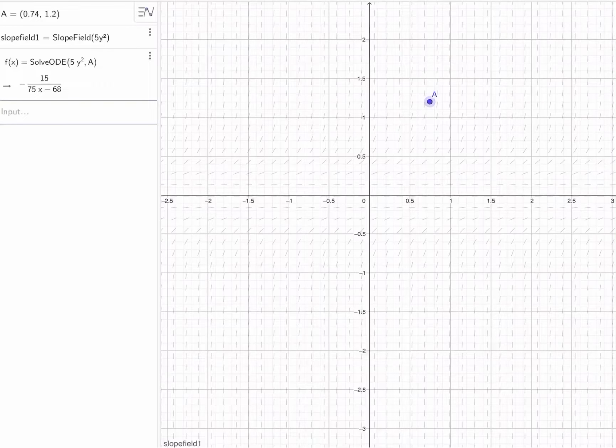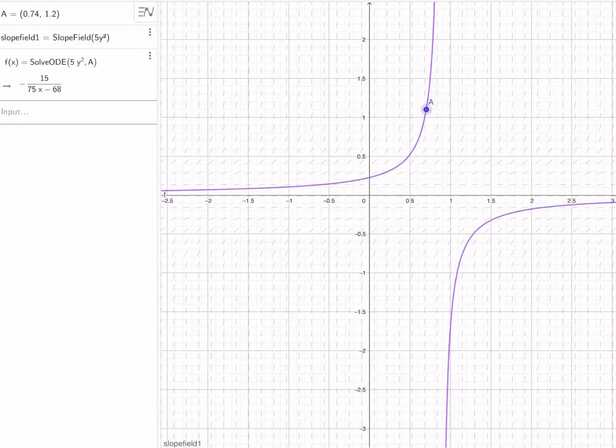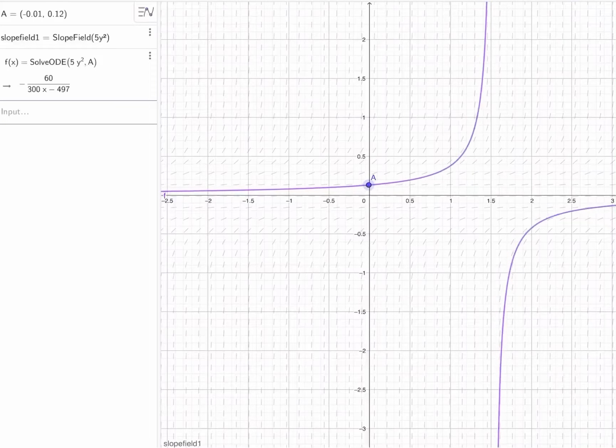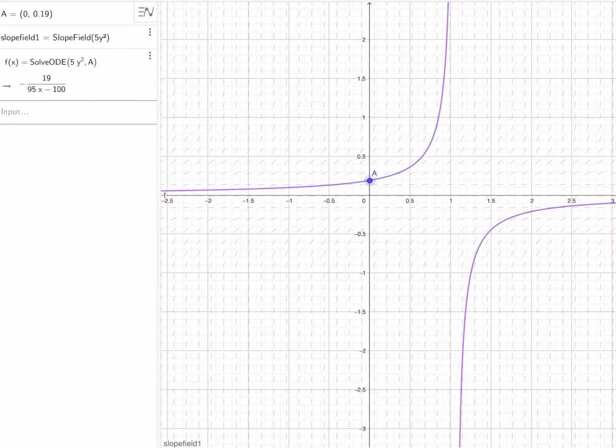If I plot the solution to this differential equation, then once again, I hope you can see the way in which it follows the slope field, just following the gradient around. Okay, and as I move it around, if I put it on 0, 0.2, then we get the graph I showed you before.